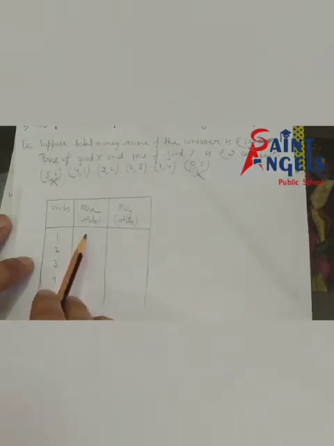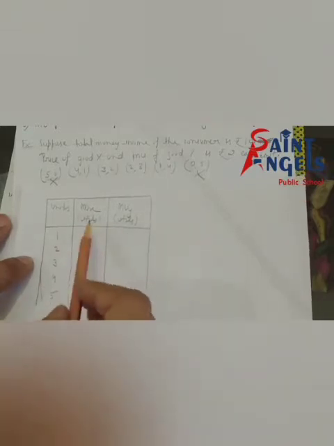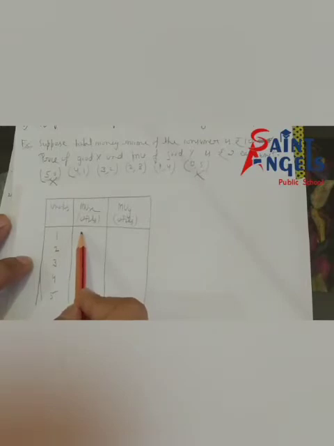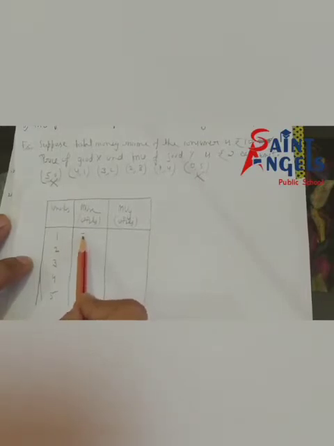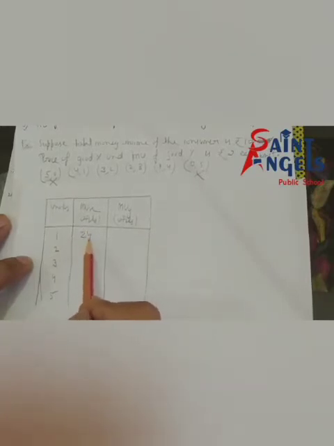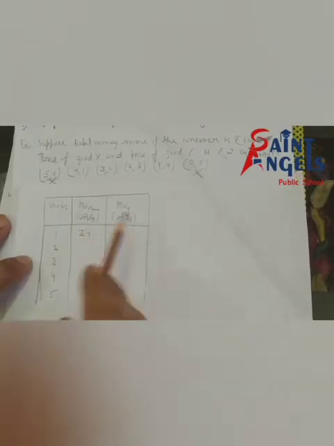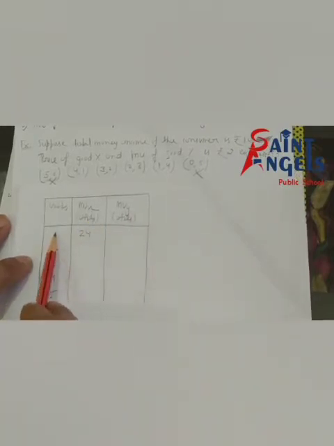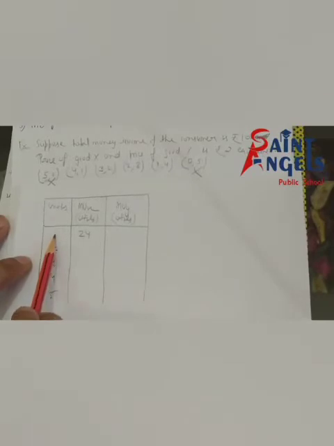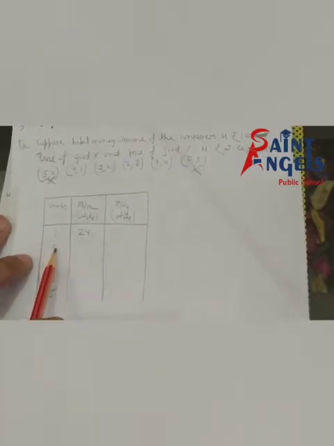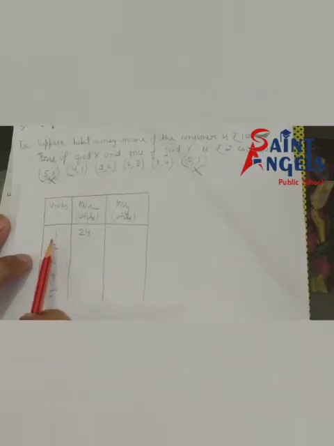Suppose I am taking 24 here. Satisfaction from the first unit of good X will be greater than satisfaction from the second unit, so the satisfaction of the second unit will be less than that of the first unit.